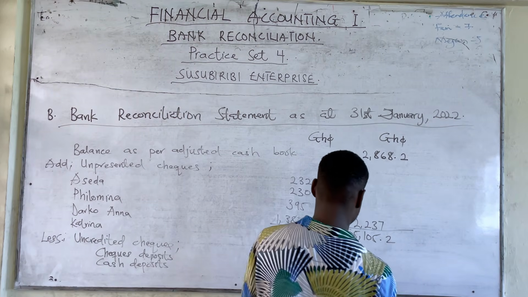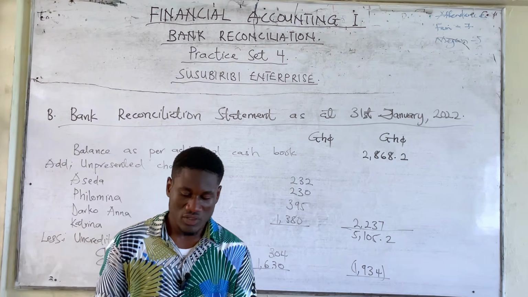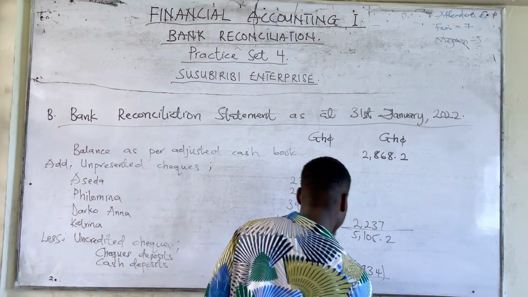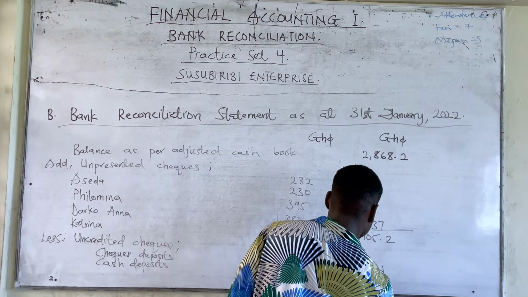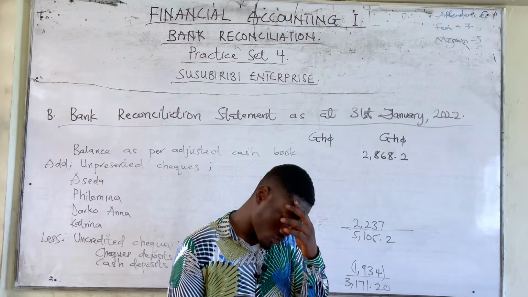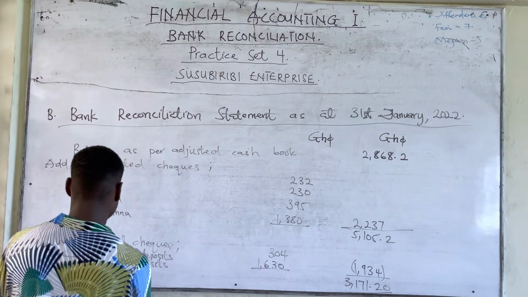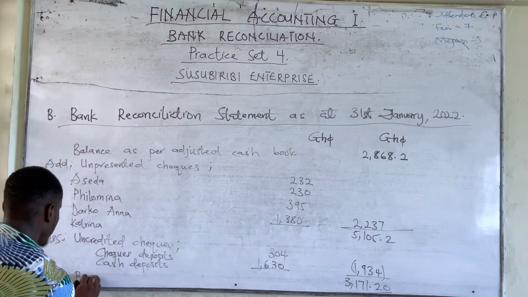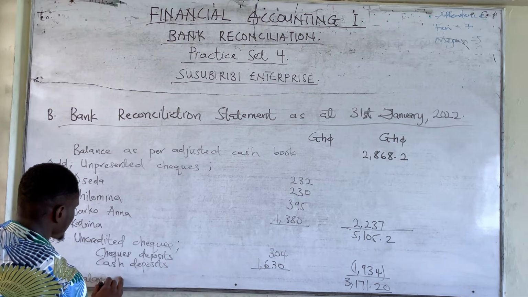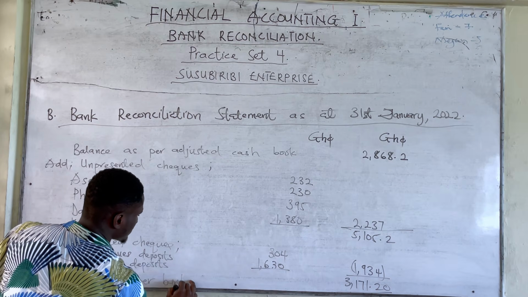1,934 here. So when we less this from this, we are going to get 3,171.20. Okay, so this is the balance as per what? Bank statement. So you write it here, balance as per bank statement.